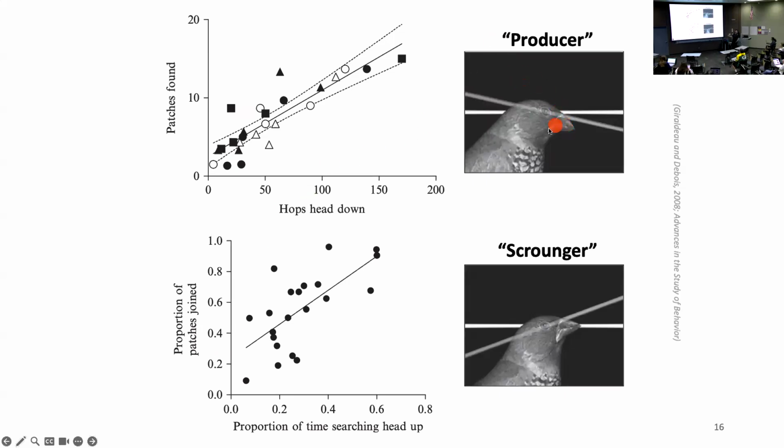This bird is looking for patches that have seeds in them. This bird is looking for birds that have found patches that have seeds in them. And then it will run over to this bird and try to take part in whatever cache of seeds has been found. So we're going to call those producers on top and scroungers on the bottom.